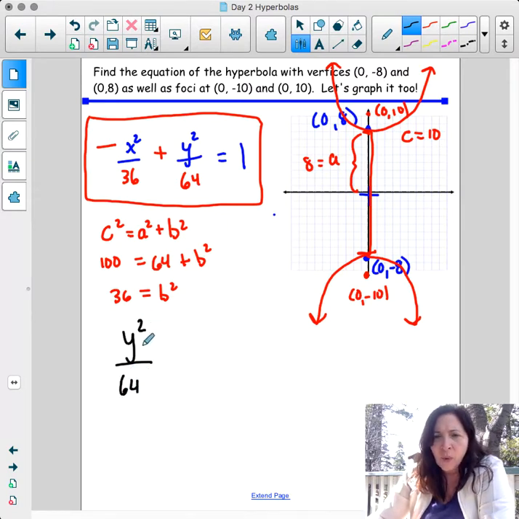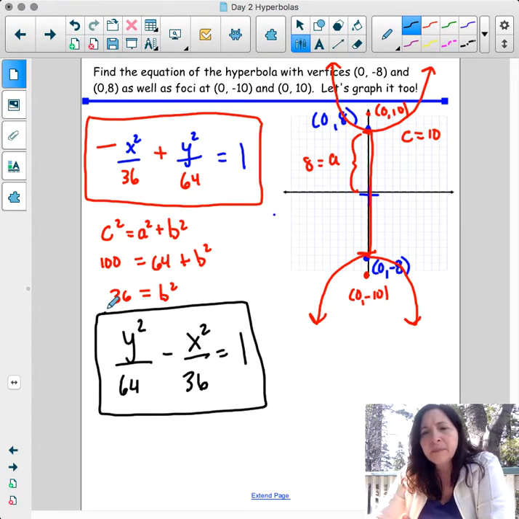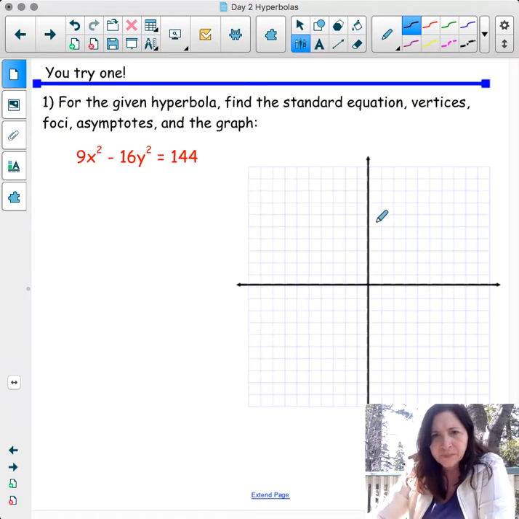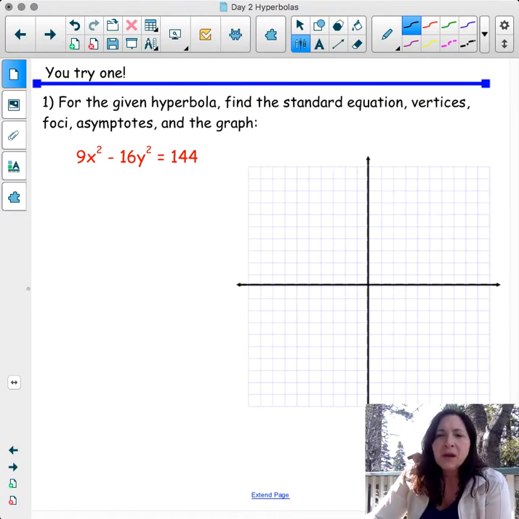So you would write y squared over 64 minus x squared over 36 is equal to 1. This is also the equation of my hyperbola, and I would take either one. So for the given hyperbola, find the standard equation, find the vertices, figure out where everything is, the asymptotes, and also graph.